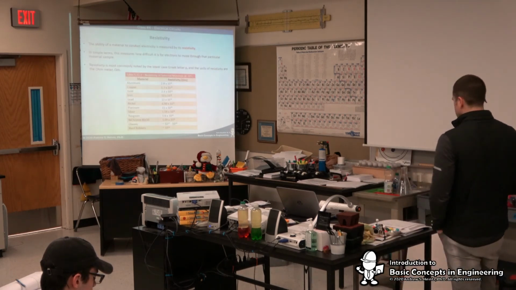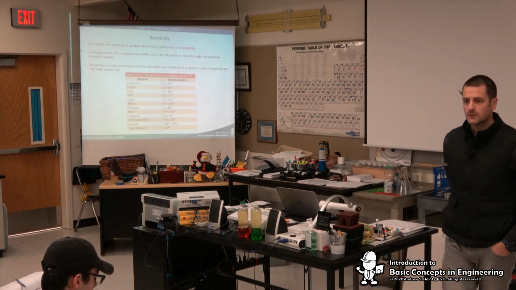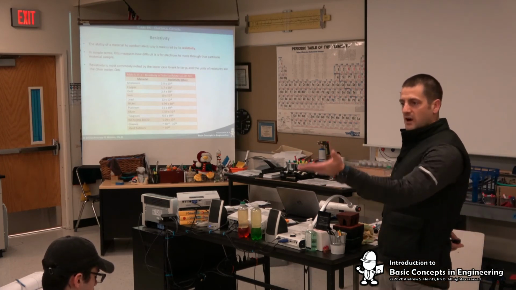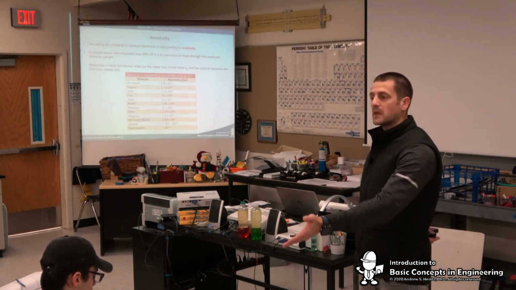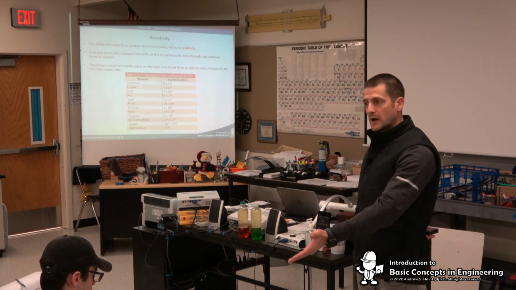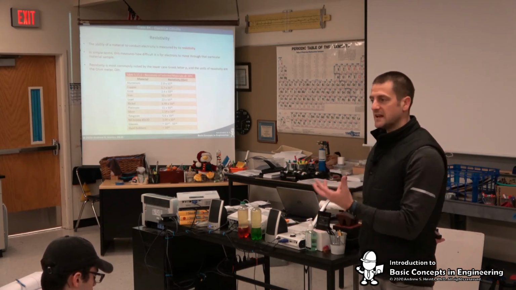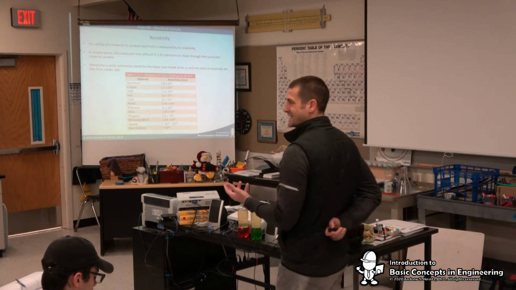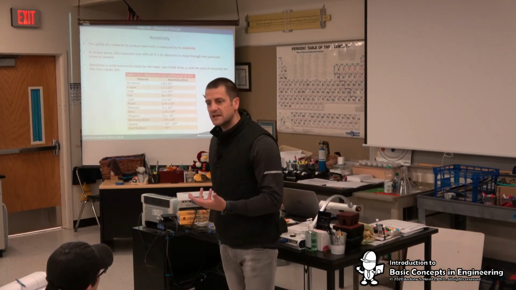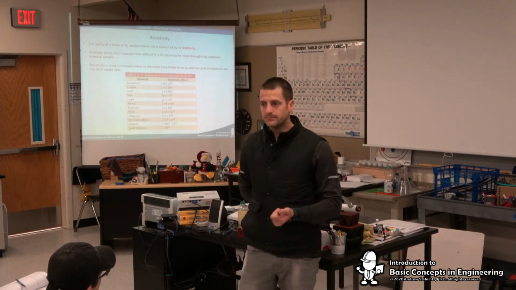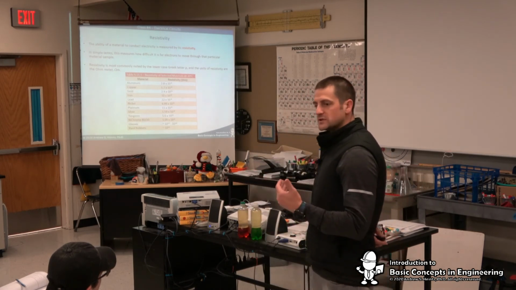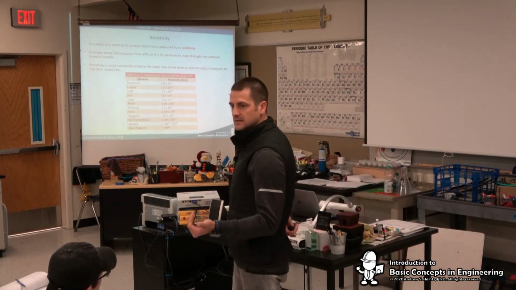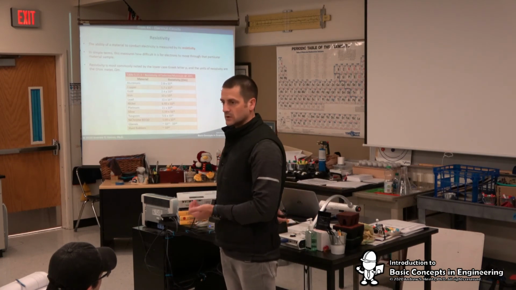So that brings us to the concept of resistivity. When we were talking earlier about selecting a material with high resistance, that's actually a misnomer. Resistivity is an inherent material property. It's called an intrinsic property. An intrinsic property is independent of how much of that material I have.